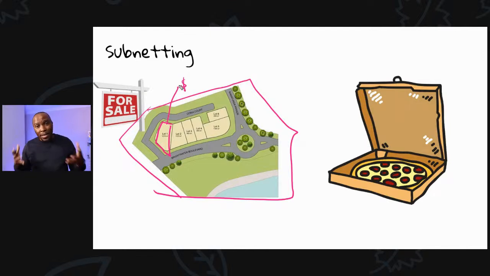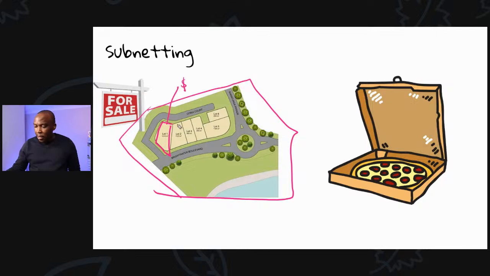And the reason why they subdivide it is because when it's one chunk of land, it's probably not going to be useful to one family because it's too big a piece of land. But when they break it down into smaller stands, it means that they're able to put more houses and create neighborhoods. So when you think of subnetting, it's basically breaking down something that is bigger and making it into smaller chunks.